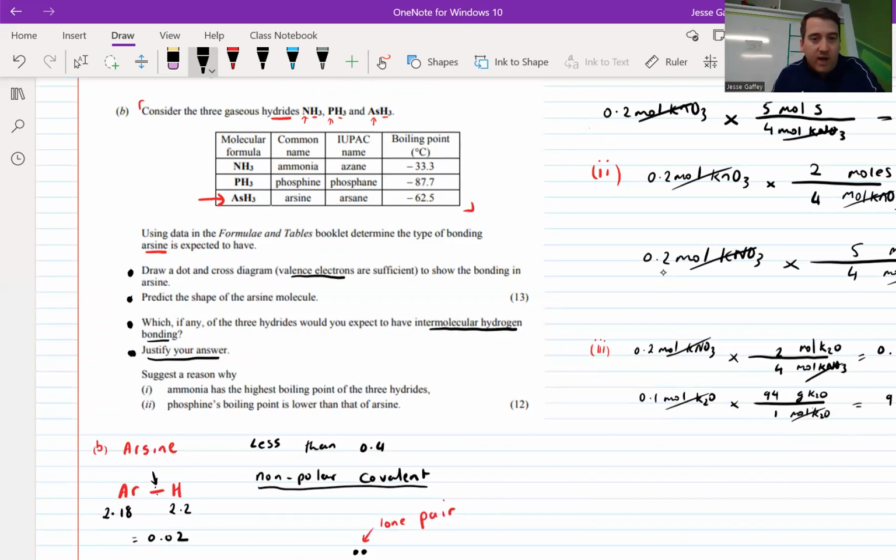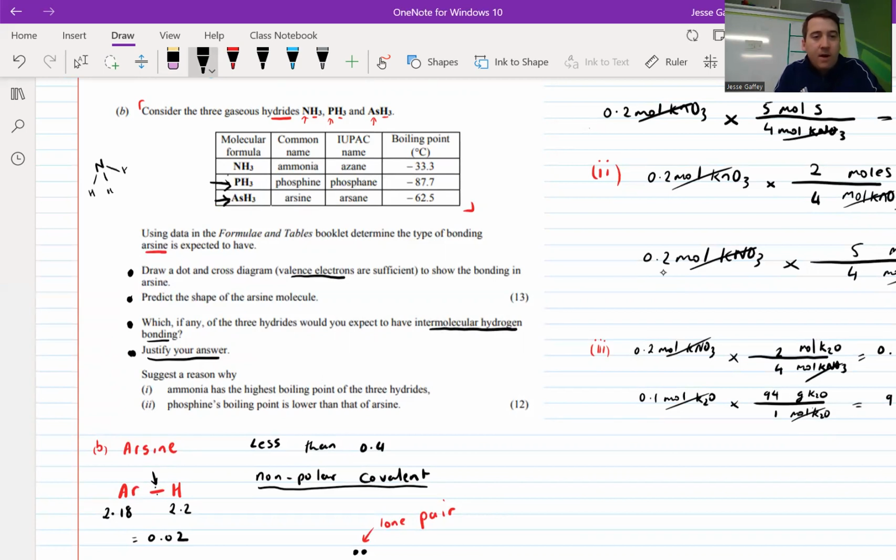Right, so which of these three hydrides would you expect to have hydrogen bonding? Well, it definitely can't be this one or this one. The reason for that is that they don't have hydrogens bonded to a nitrogen, oxygen, or fluorine. So let's say the first one here, ammonia, looks like this.